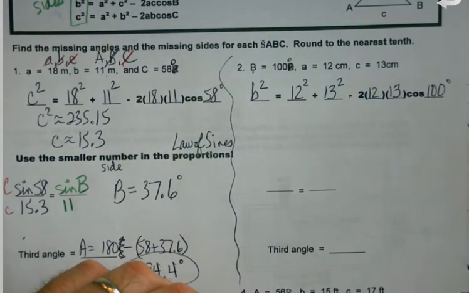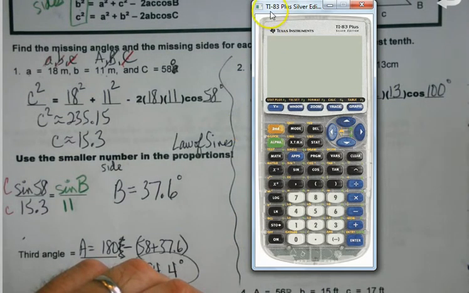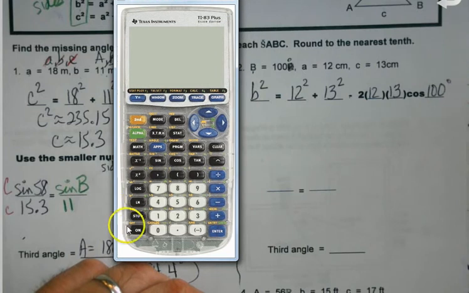So once I get that, I'm going to let the calculator do the work. And again, just take your time and keep watching enough to remember that you don't lose a squared or multiply instead of adding or something like that.